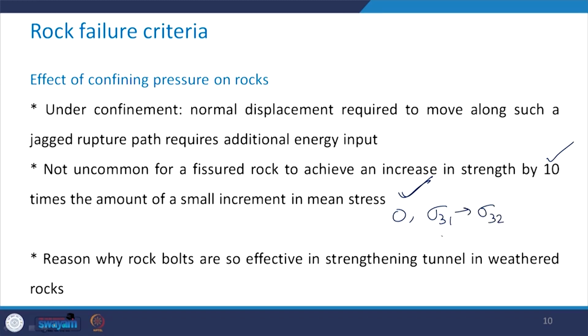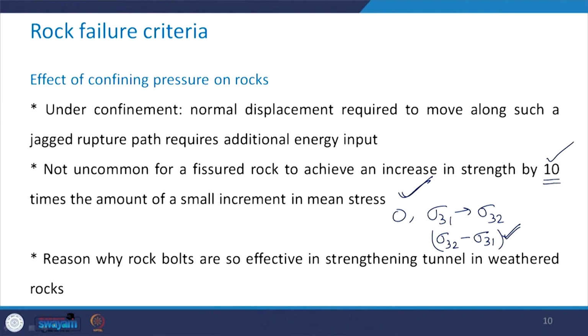So the difference between this confining pressure which I have increased is this much. Now just by increasing the confining pressure by this amount, one can observe the increase in the strength as 10 times this difference, that is 10 times (sigma 3 2 minus sigma 3 1).